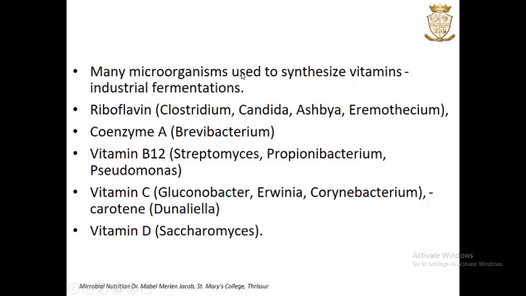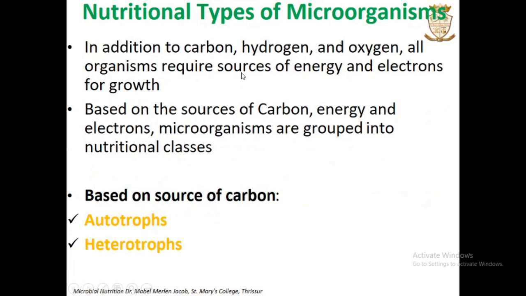Now, because microorganisms are found to synthesize vitamins, they have been employed in industrial level fermentations also. Some common examples would be production of riboflavin by species of Clostridium, Candida, Ashbya, Eremothecium, etc. Production of coenzyme A by Brevibacterium, production of vitamin B12 by Streptomyces, Propionibacterium, Pseudomonas, production of vitamin C by Gluconobacter, Erwinia, Corynebacterium, production of carotenes by Dunaliella, vitamin D by Saccharomyces, etc. are some common examples of industrial fermentations.